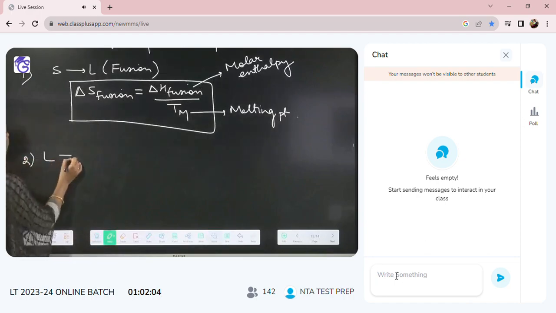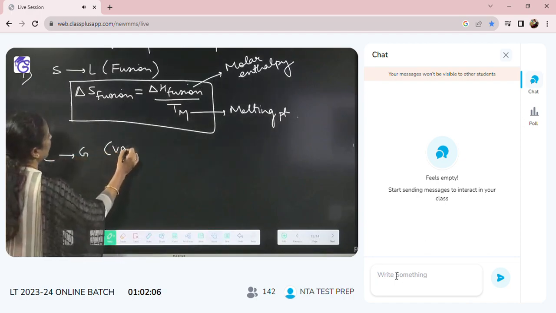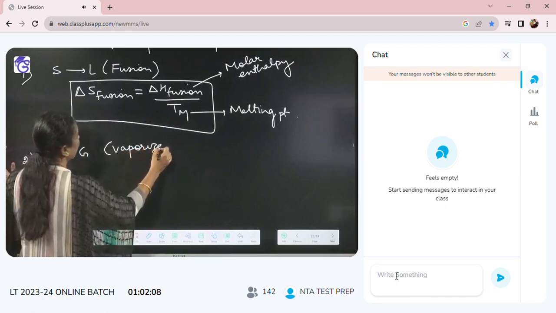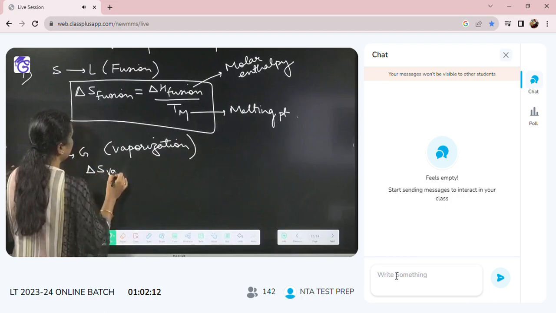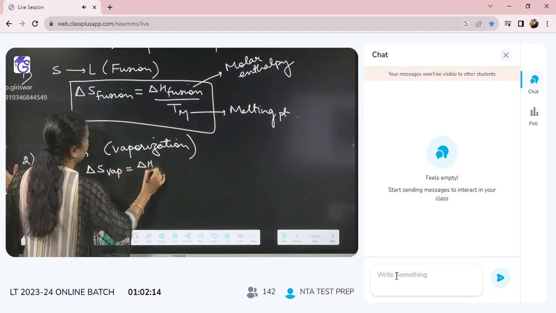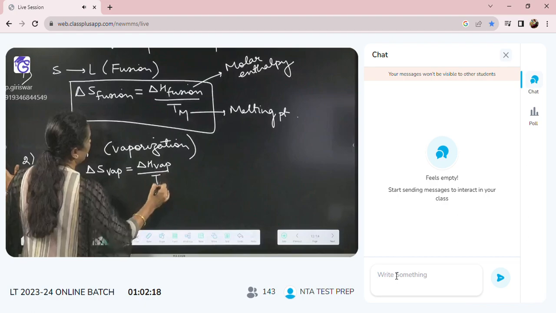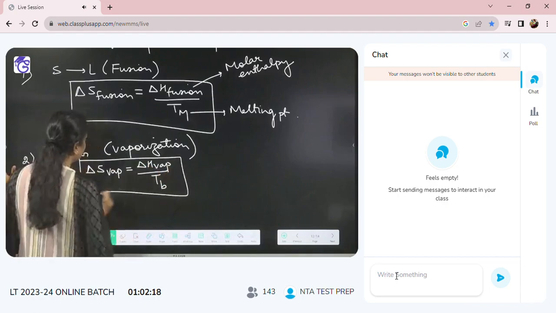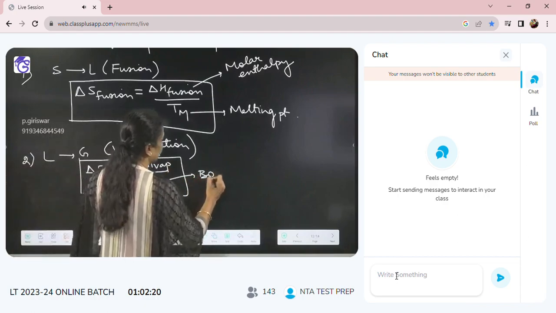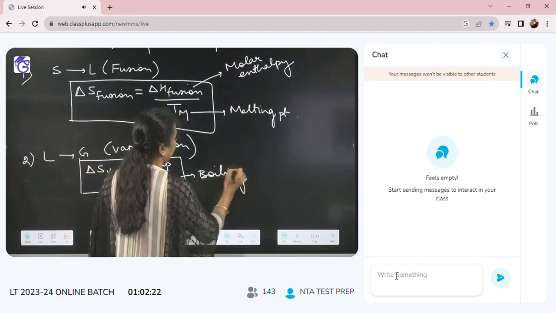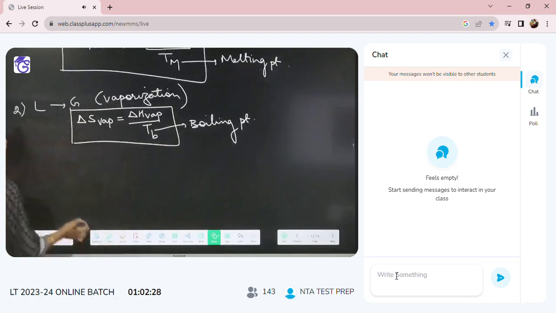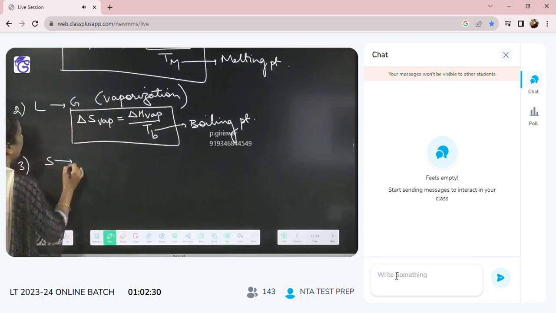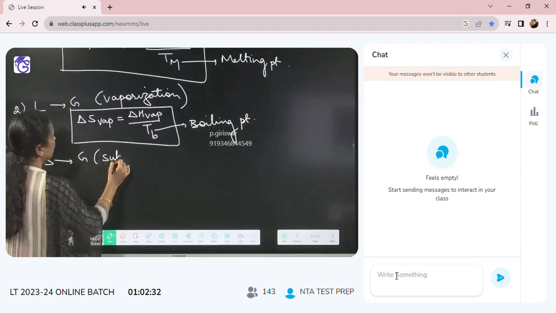Second one, liquid to gas. Basically, we are talking about the vaporization phenomenon. And here it will be delta S vaporization equals delta H vaporization upon TB, which is the boiling point here. Similarly, solid to gas is known as sublimation.